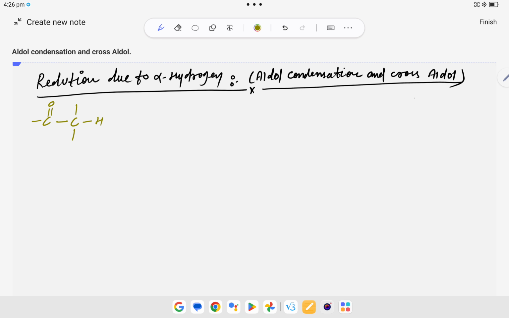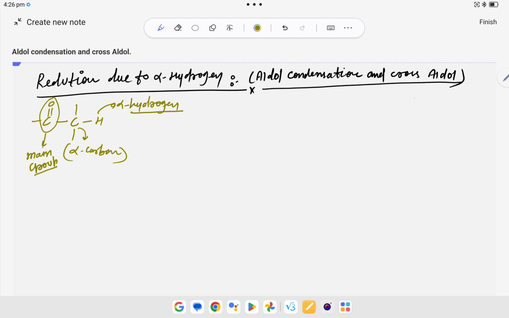So this is the carbonyl group, children, and this carbon is known as alpha carbon, and the hydrogen attached to alpha carbon is known as alpha hydrogen. So this is your main group, then alpha carbon and the hydrogen attached, known as alpha hydrogen.